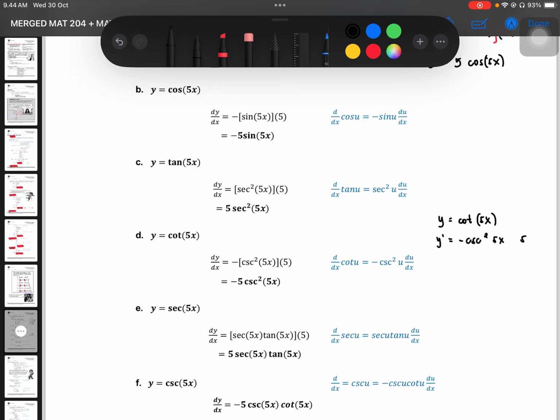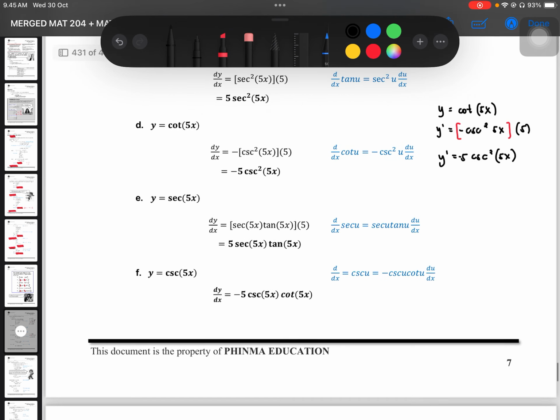The derivative of 5x is 5. And take note again that you are multiplying 5 sa buong negative cosecant squared 5x. So, ang makukuha natin dito, y prime is equal to, dahil may negative tayo, negative 5 cosecant squared 5x. And that is our final answer.